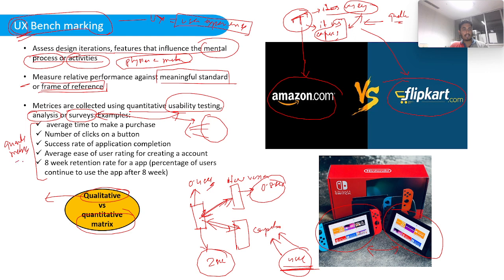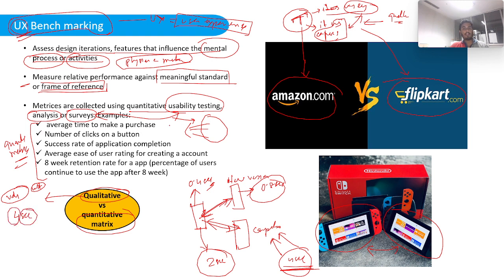So metrics are basically a measurable value with some sort of unit. Now you have a value here, for example, 4 seconds.